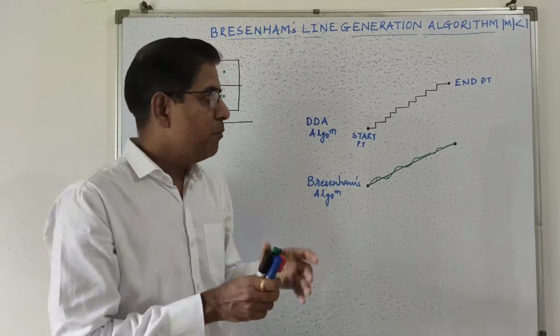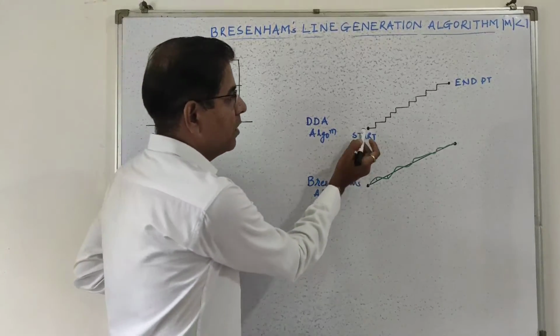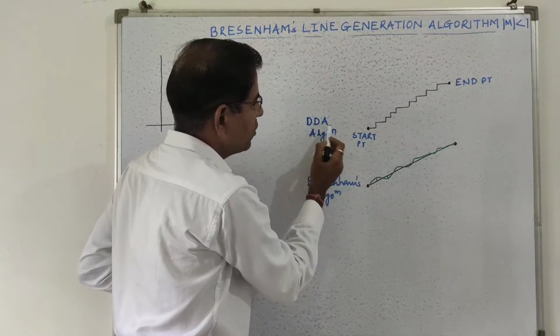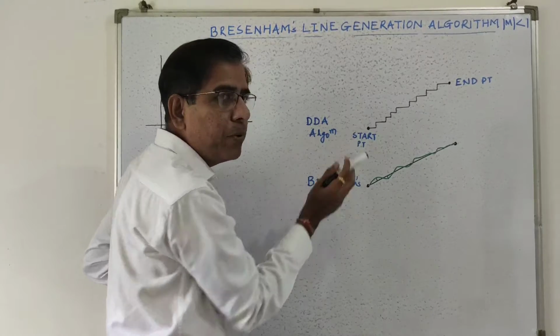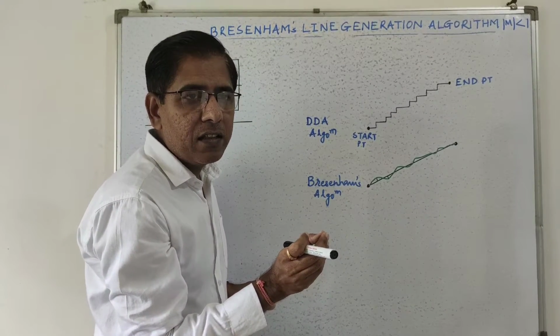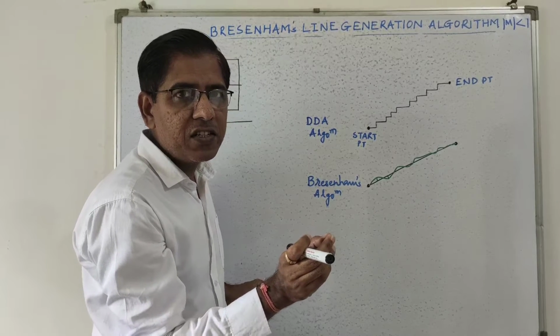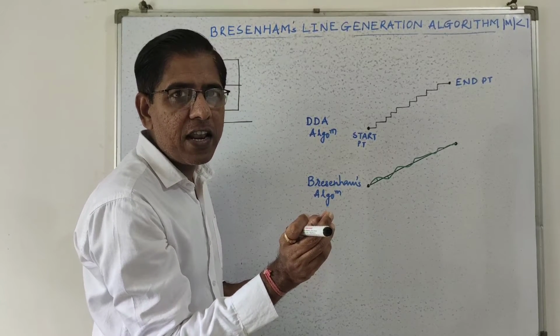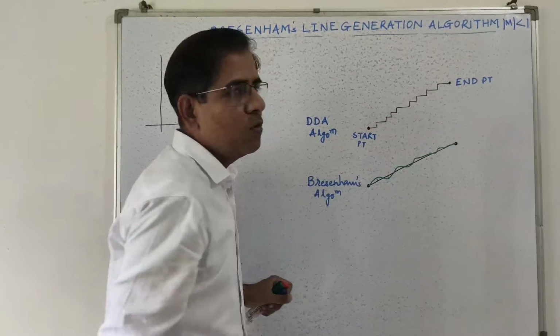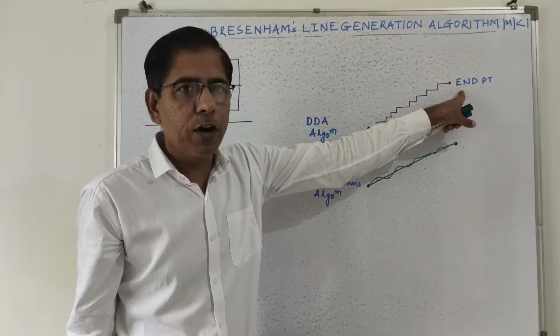So in pre-programmed robot, this is a start point, this is an end point. In case of DD algorithm, a pre-programmed robot is given the distance to be traveled in x direction and distance to be traveled in y direction, and accordingly it travels and reaches its destination point or end point.